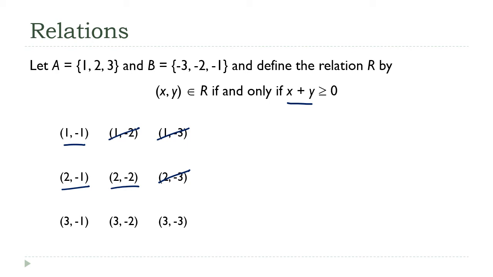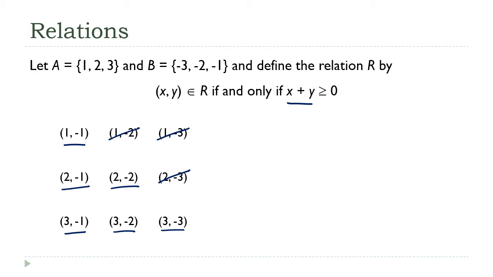I'm kind of starting to see a pattern here, following along that diagonal. Down here, 3, -3 is 0. Everything to the left of it is going to have a positive sum. So those 6 ordered pairs would be the elements of this relation.